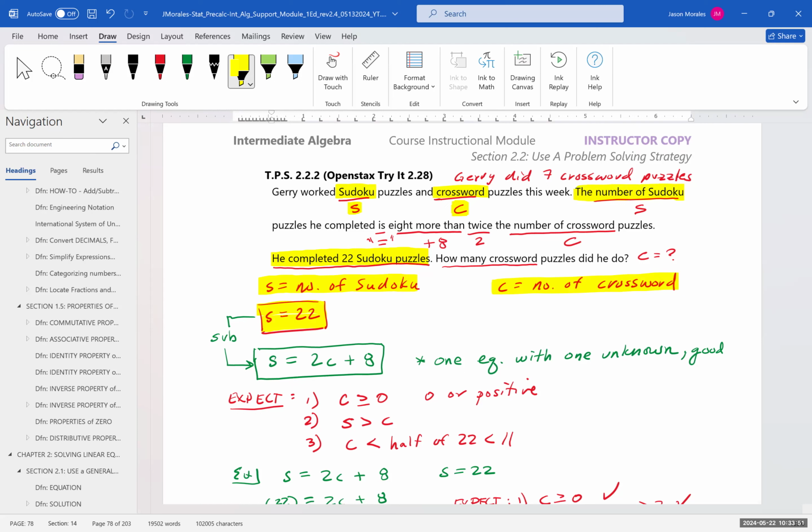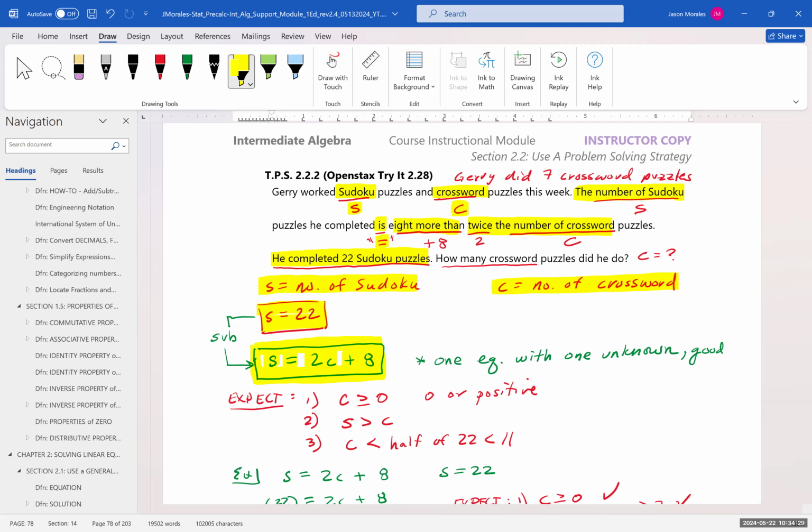The number of Sudoku puzzles, so S, he completed is, and whenever you see the word is, that's a keyword for equal sign, 8 more than twice the number of crossword puzzles. So this is how this sentence translates to this algebraic equation, this linear equation.